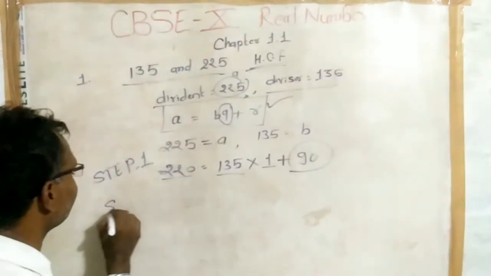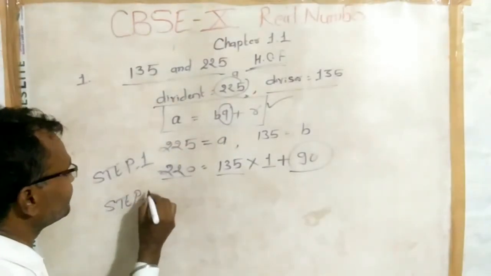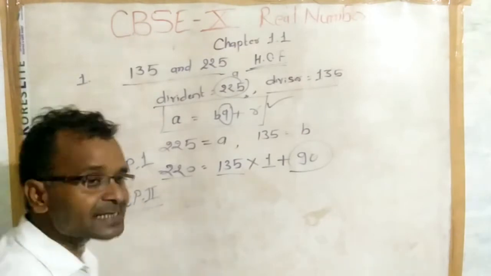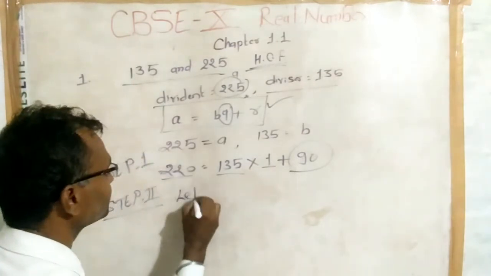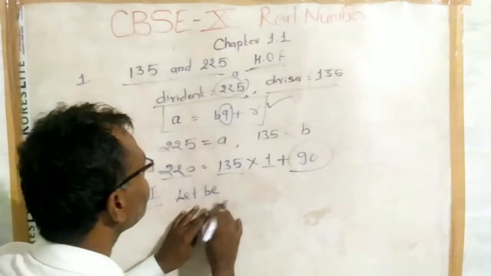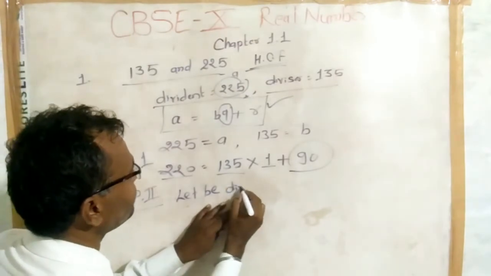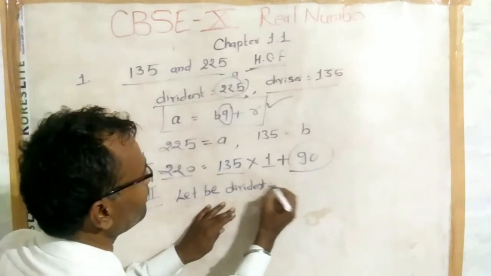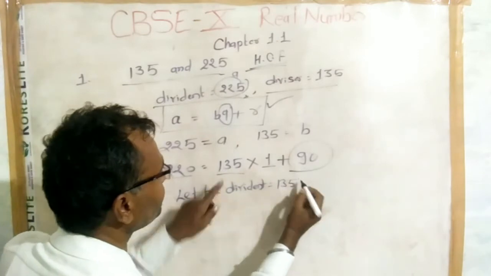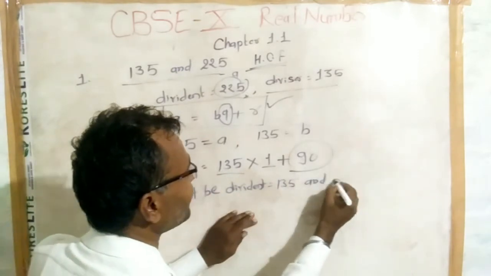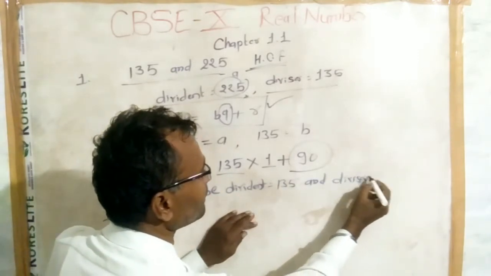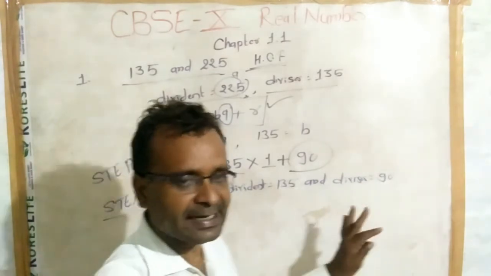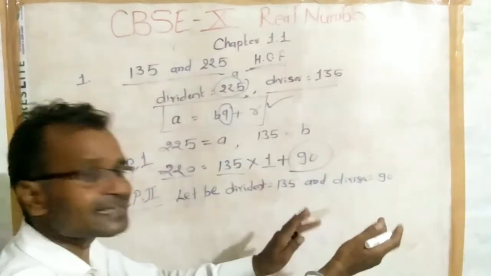In step number second, let the dividend be 135 and the divisor 90. This is our second step.